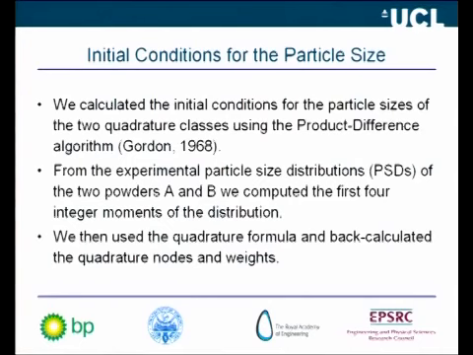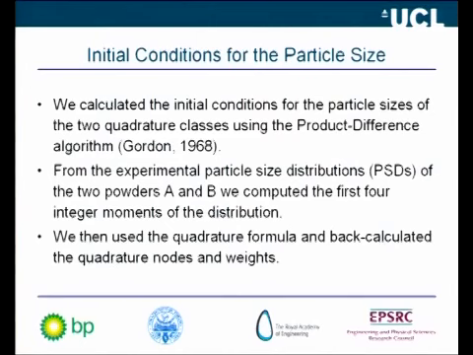Before we can solve the model equations, we have to find initial conditions for the weights and the nodes of the quadrature approximation, so for the phi's and for the x's. In order to do that, from the experimental particle size distribution that I represented before, we can calculate the moments of interest of the particle size distributions.